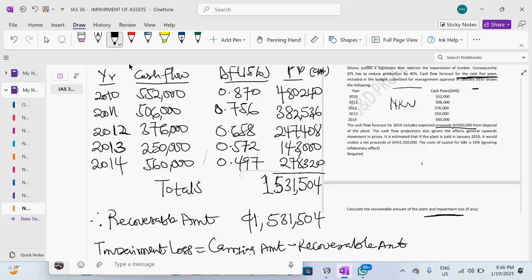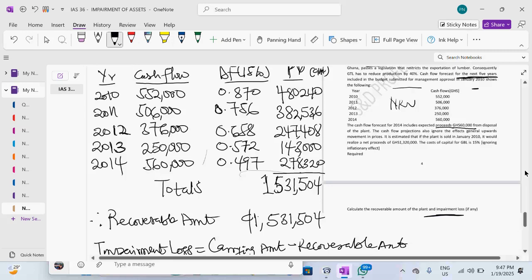So it is just there to give you more information. Remember, sometimes they give you a lot of information, but not all the figures are used. It's the relevant one that is associated to the question that you are going to use. So 60,000 is there, yes. So just leave it like that.